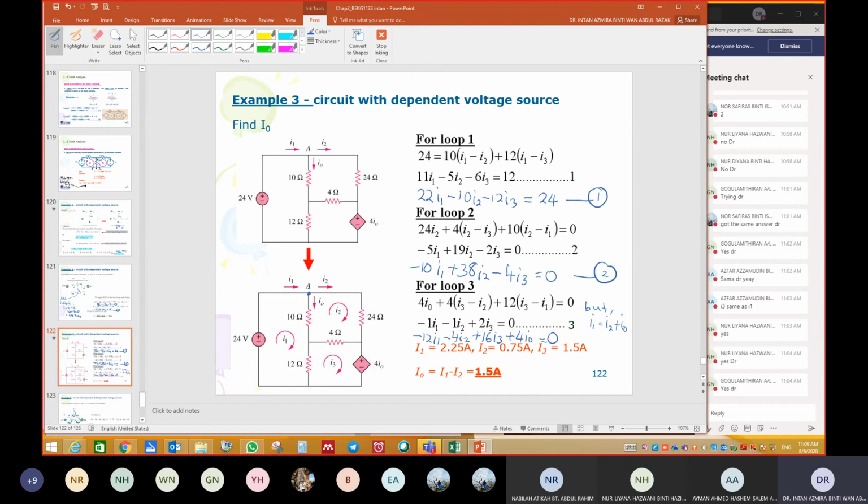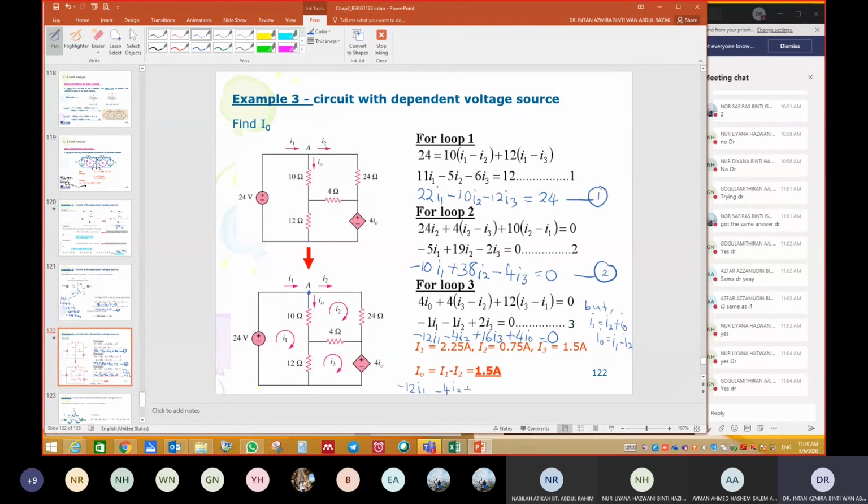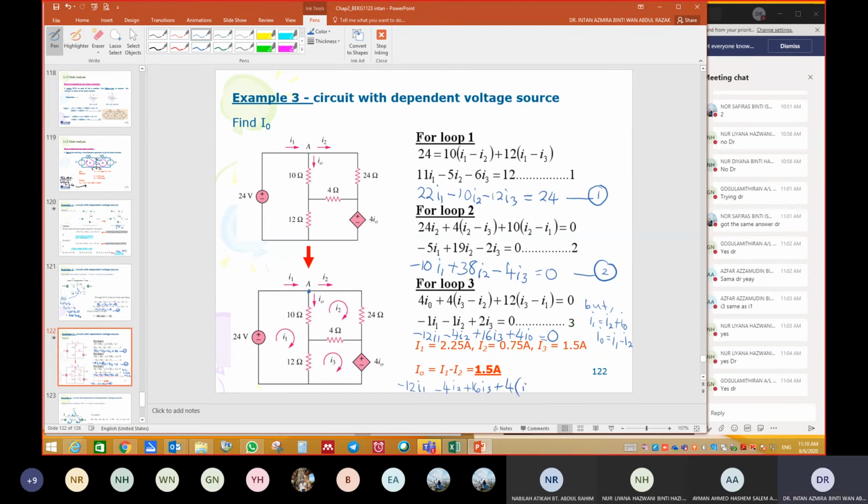So we can substitute this I0 with I0 equal to I1 minus I2. Okay, so substitute I0 is equal to I1 minus I2. So minus 12 I1 plus 4 I2 plus 16 I3 plus 4 (I1 minus I2) equals 0.